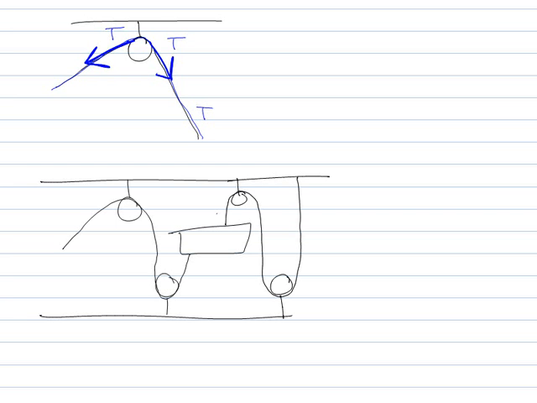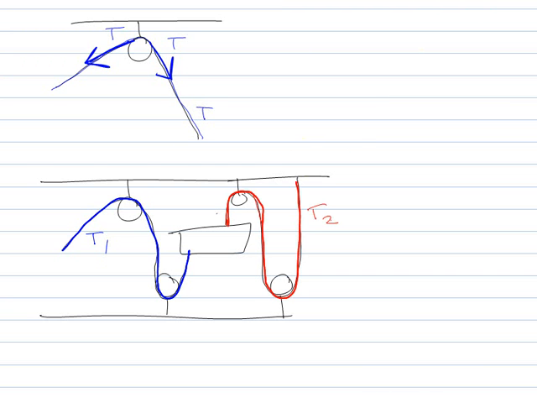Now, the tensions in each one of these cables is going to be the same within that cable. So this cable would have a tension of T1 throughout it, but this cable over here would have a tension of T2.